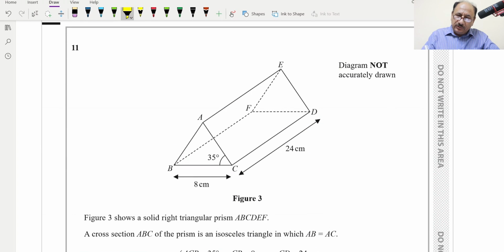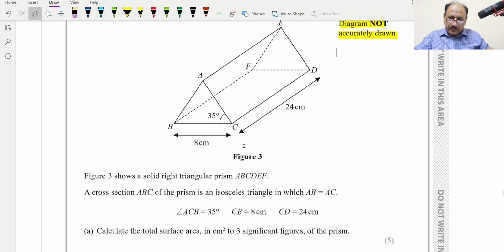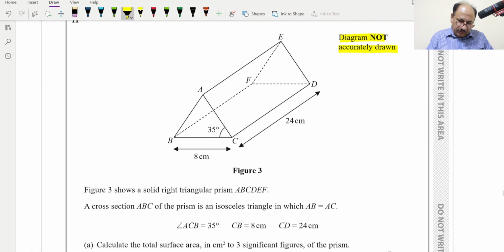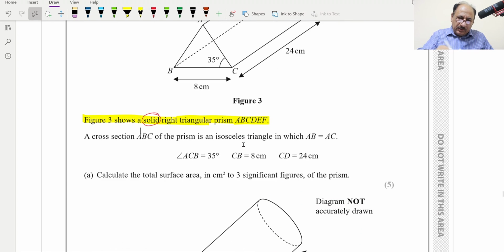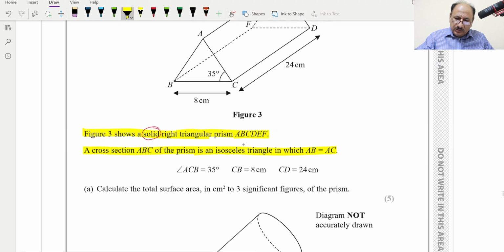Question number 11, the diagram is not accurately drawn, and this is the diagram. Figure 3 shows a solid right triangular prism, and a cross section ABC of the prism is an isosceles triangle in which AB is equal to AC.